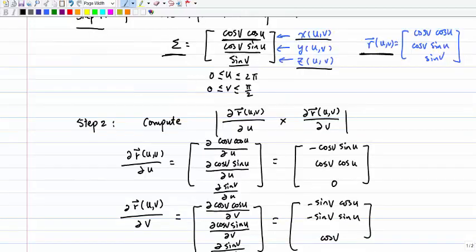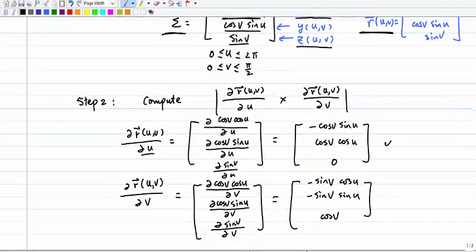Let's compute partial r over partial u. You take the partial derivative of each component with respect to u: the first component, the second component, and the third component. Doing the computation, it is given by this.